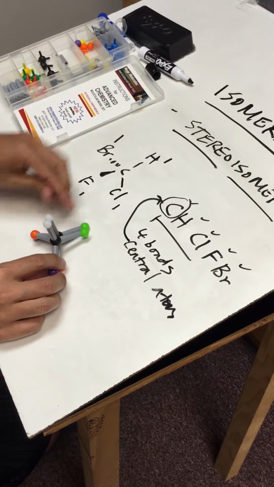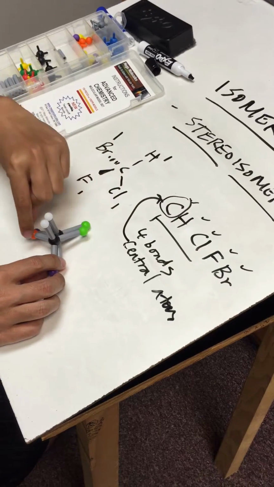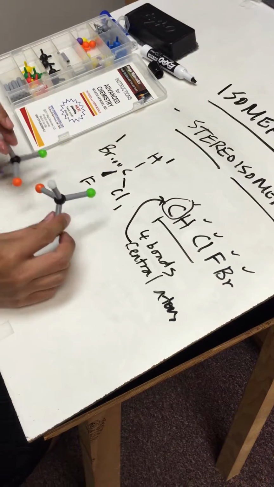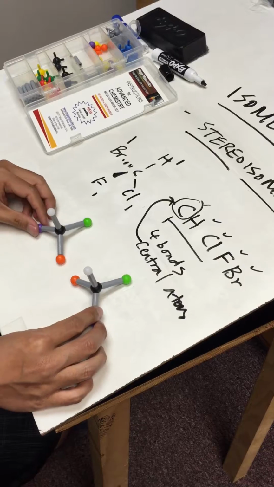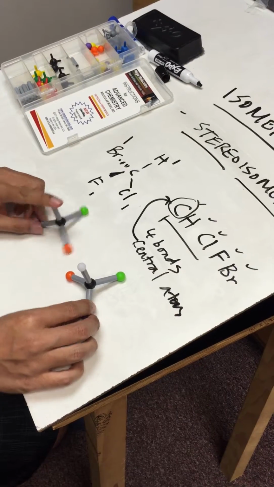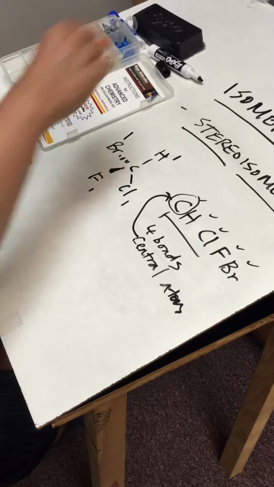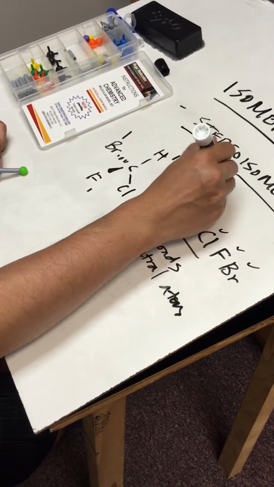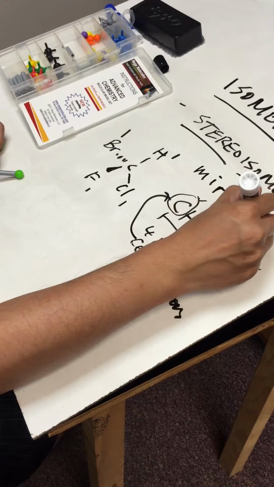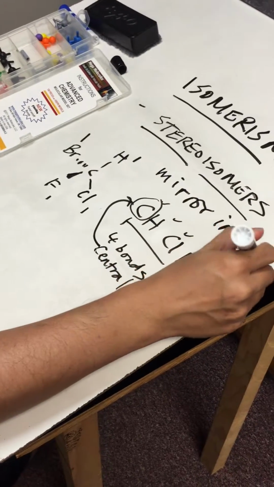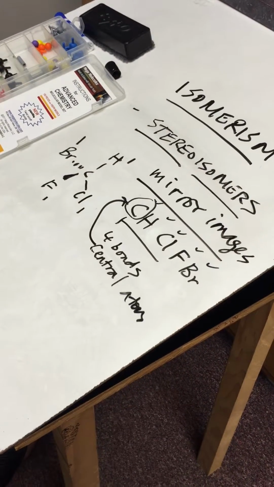Stereo means that the position of the atoms makes the difference, not the structure. The structures are identical, but the position of the atoms is making all the difference. In fact, I want you to get to know a term which is called mirror images.